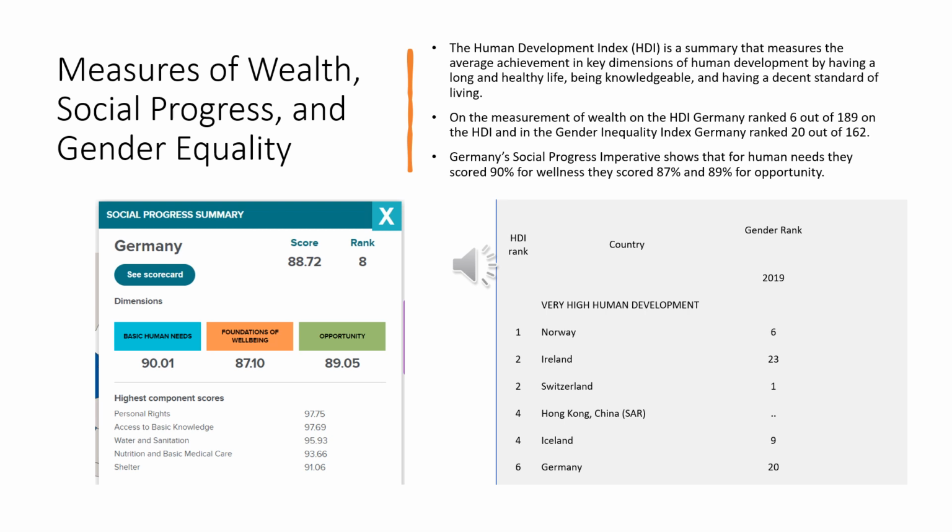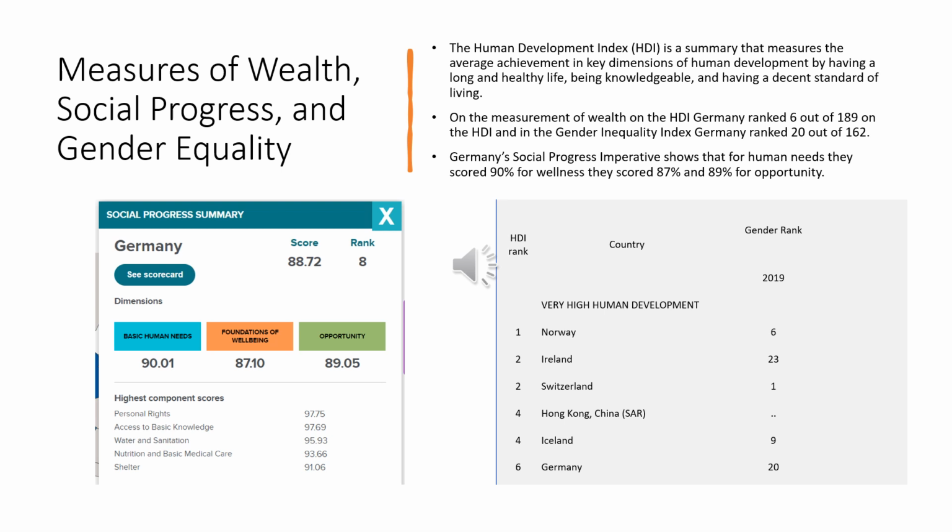On the measurement of wealth on the HDI, Germany ranked 6 out of 189, and in the Gender Equality Index, Germany ranked 20 out of 162.